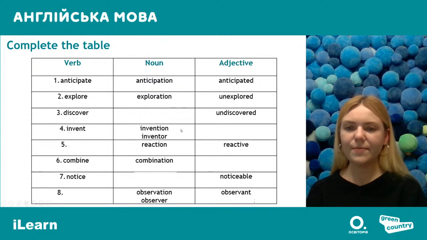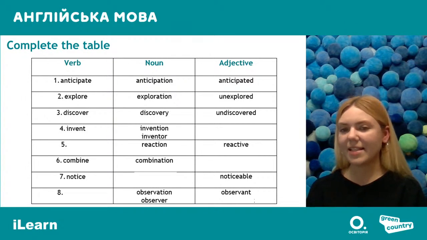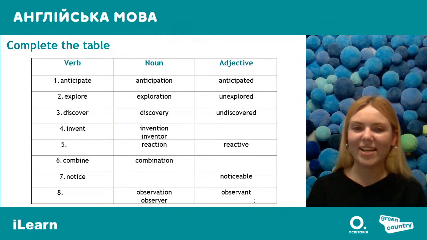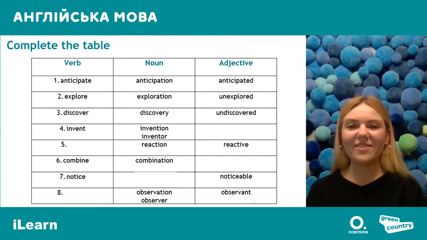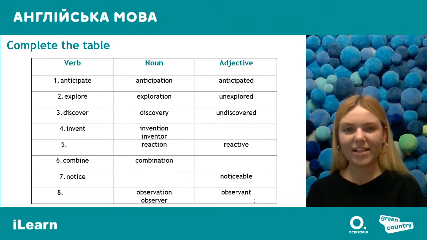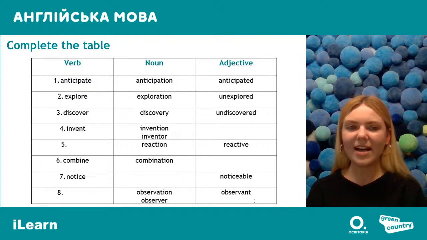And the noun is that is discovery. Yeah, so we have discovery channel. Discovery – відкриття. Discover – відкривати щось, а discovery – відкриття, undiscovered – щось ще не відкрите.